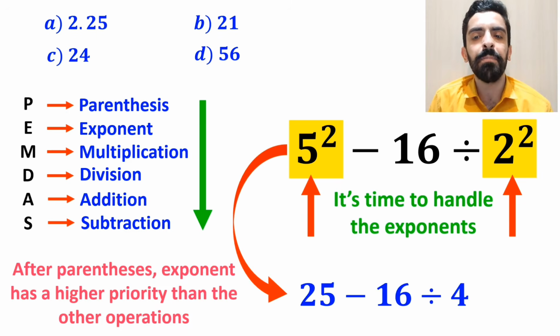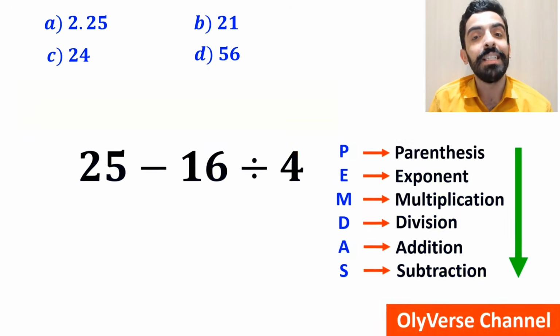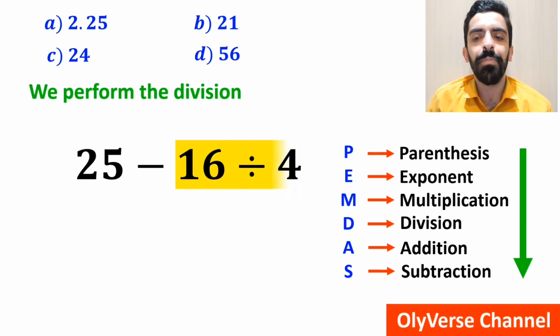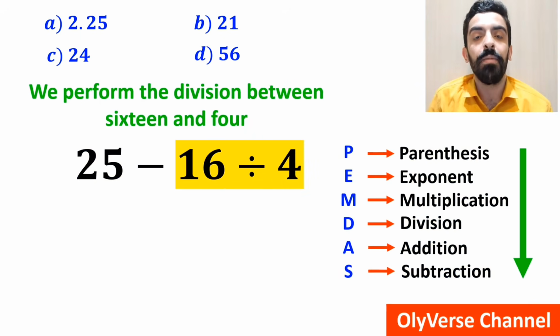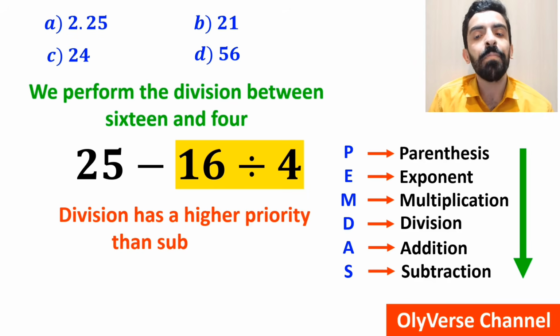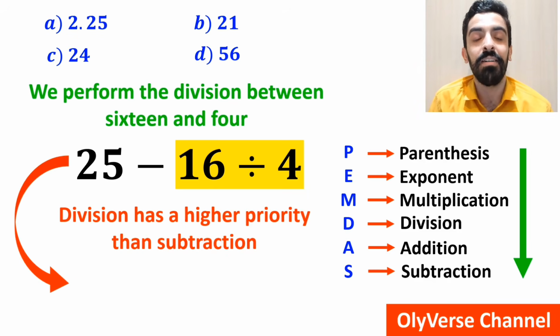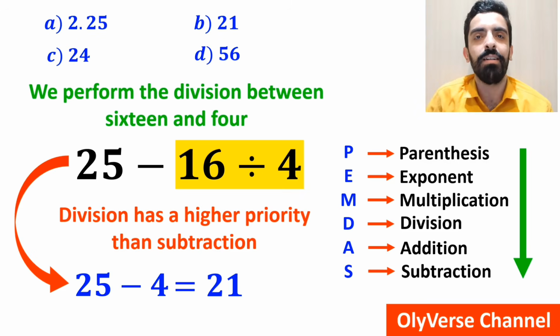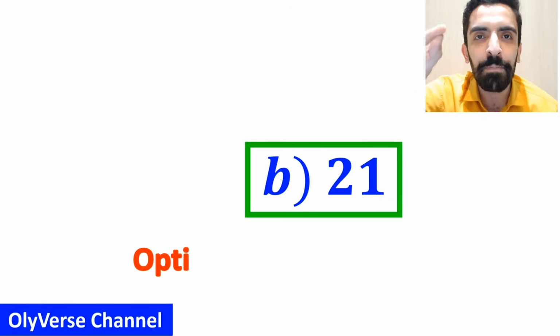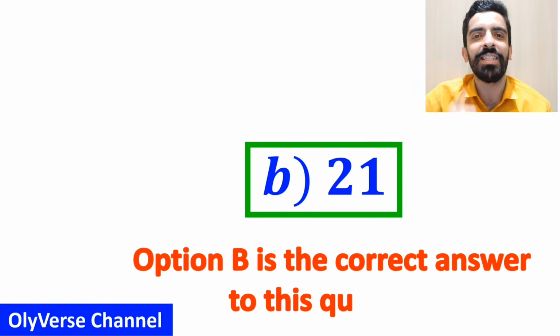So, we can write this expression as 25 minus 16 divided by 4. In the final step, we perform the division between 16 and 4 because division has a higher priority than subtraction. So, this expression simplifies to 25 minus 4, which finally gives us the answer 21. That's great. Option B is the correct answer to this question.